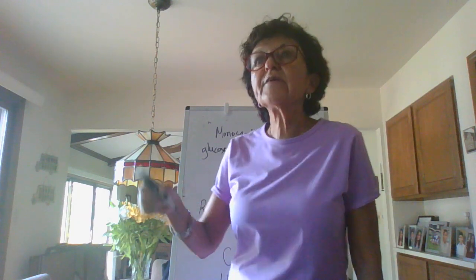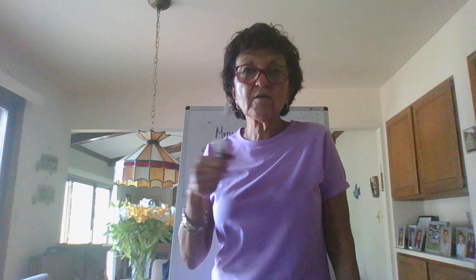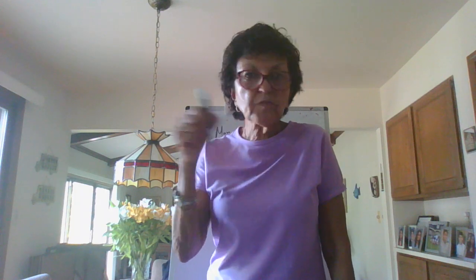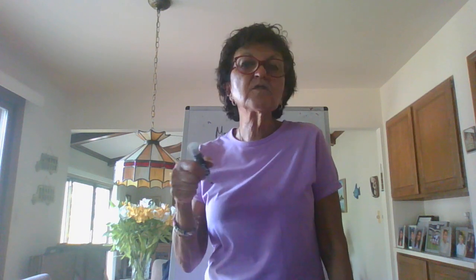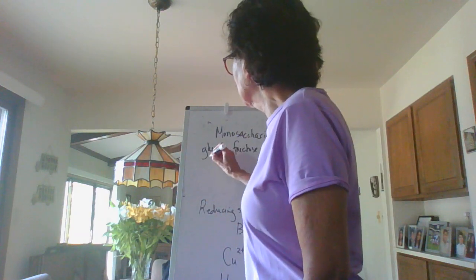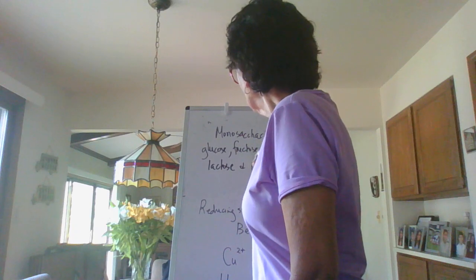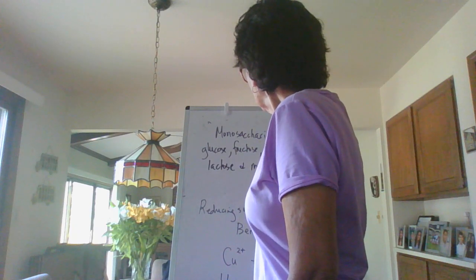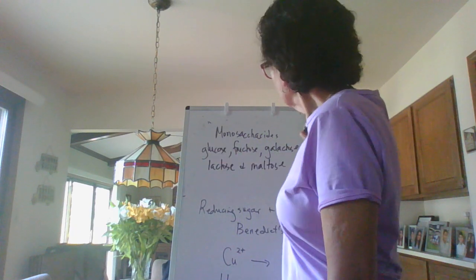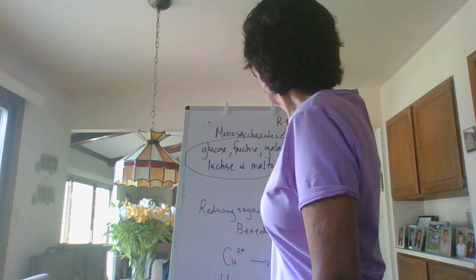And then all the disaccharides that are alpha or beta 1,4. Not the 1,2. Sucrose, the 1,2, is not a reducing sugar. So we'll write down lactose and maltose. So all these are called reducing sugars.